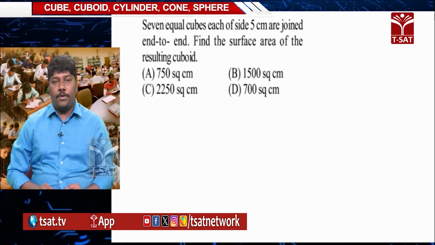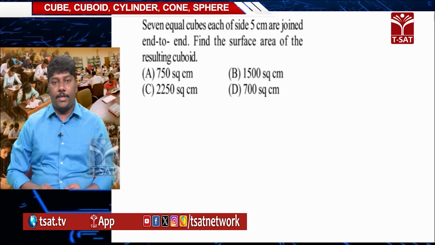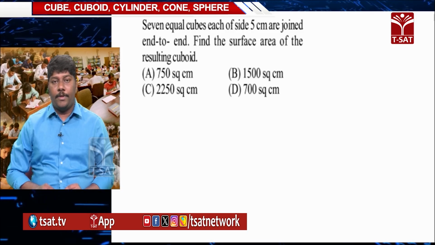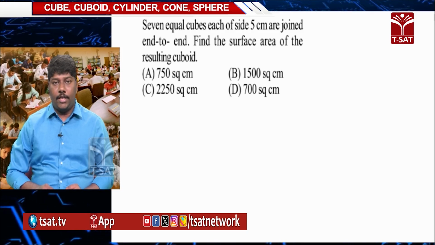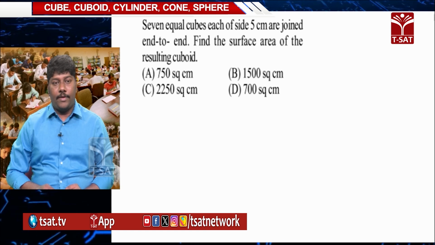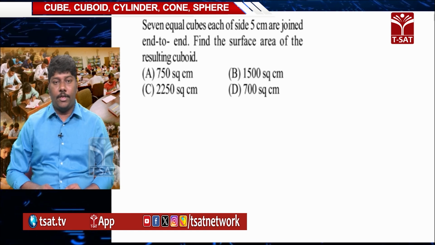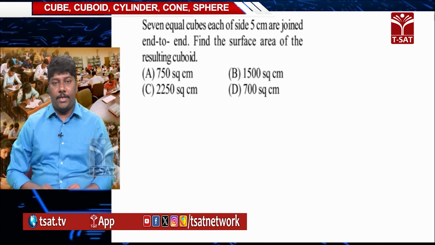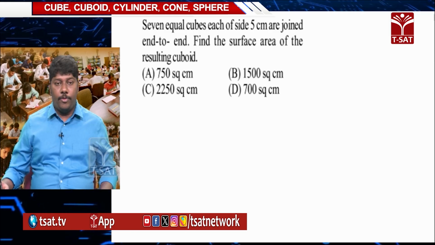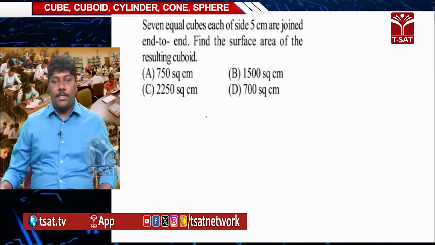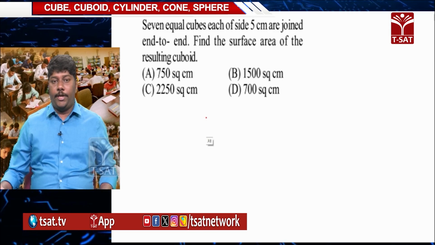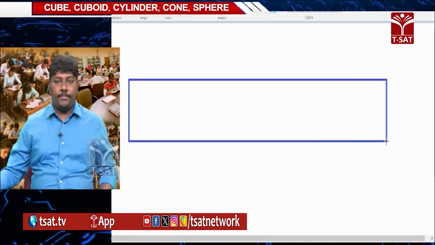7 equal cubes of each side 5 centimeter are joined end to end. Find the surface area of the resulting cuboid. So if you add 7 end to end cubes of side 5 centimeter, it will form a cuboid. He is asking you to find the surface area of the resulting cuboid. See how it actually looks.